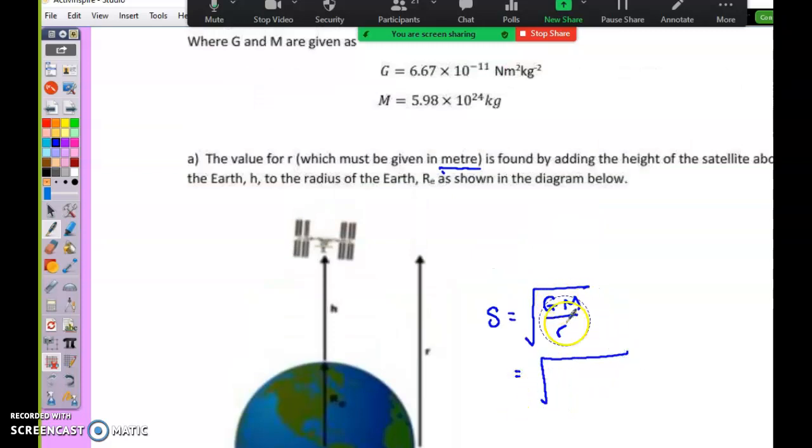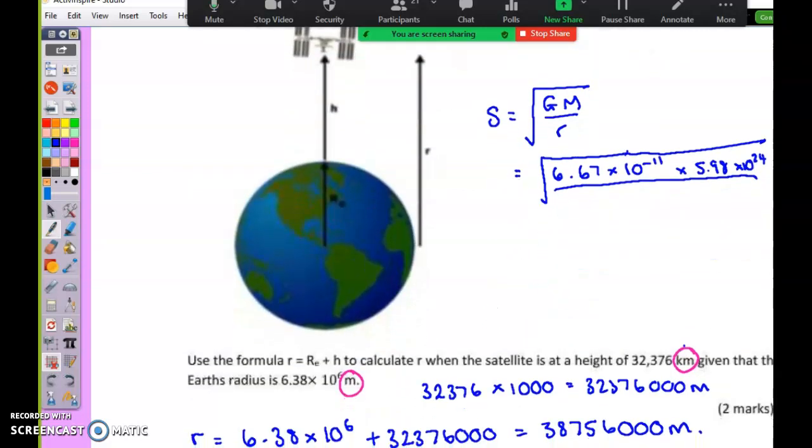So it's the square root of 6.67 times 10 to the negative 11 times 5.98 times 10 to the 24, all divided by this number that we just worked out, 38,756,000. Okay, from here it's a case of putting it into a calculator. I'm just going to extend my square root sign so it covers all of it.